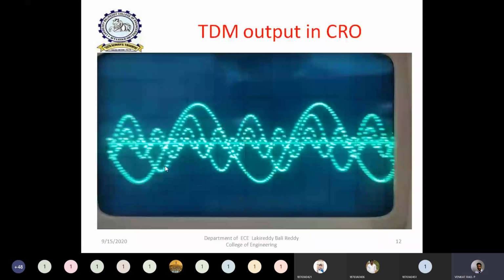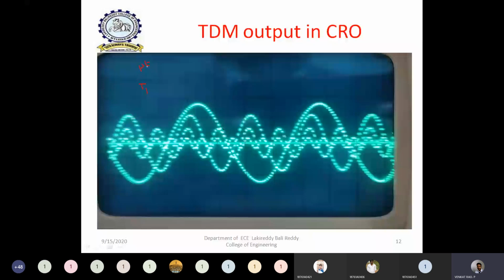For example, let us say at a time instant t1, the first sample of the first signal may be obtained.